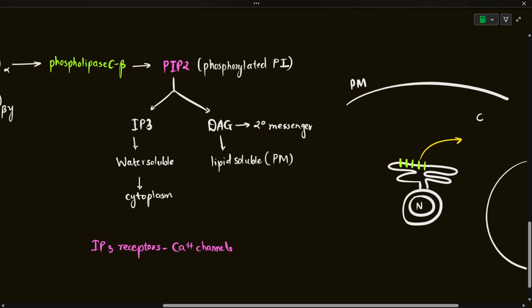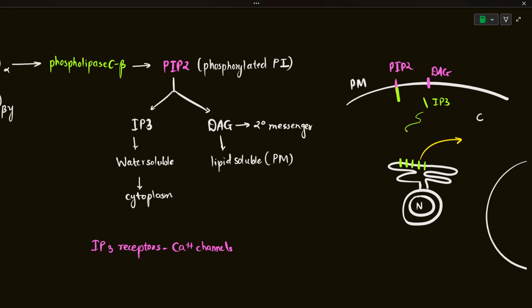So what happens is that when the PIP2 gets chopped off, DAG remains on the plasma membrane, and IP3 gets into the cytoplasm.